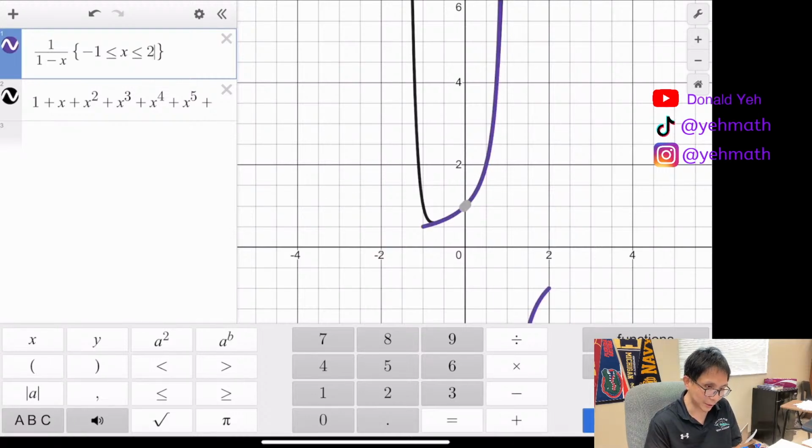After 1 and after -2 it is not accurate anymore. The only region that works is called the interval of convergence, between -1 and 1. The more terms I add, the more accurate it gets to 1 over 1 minus x.